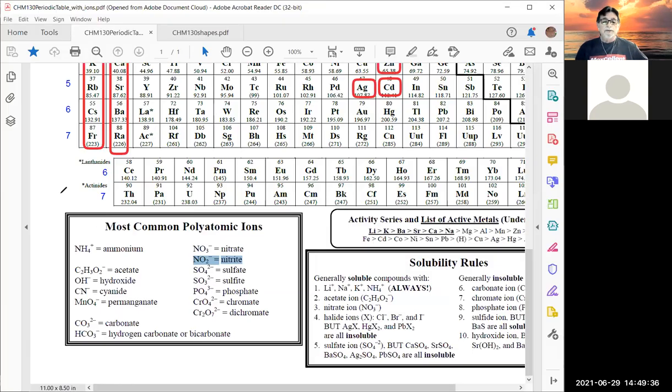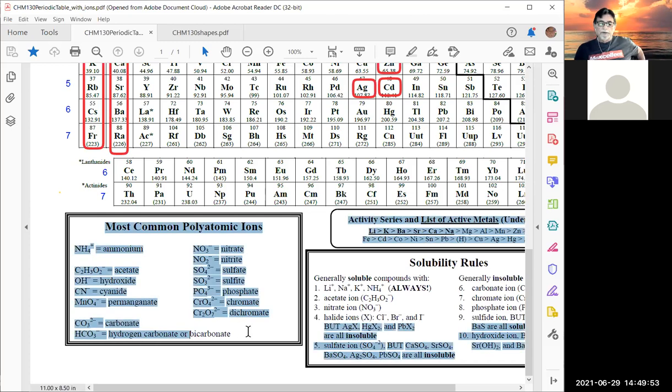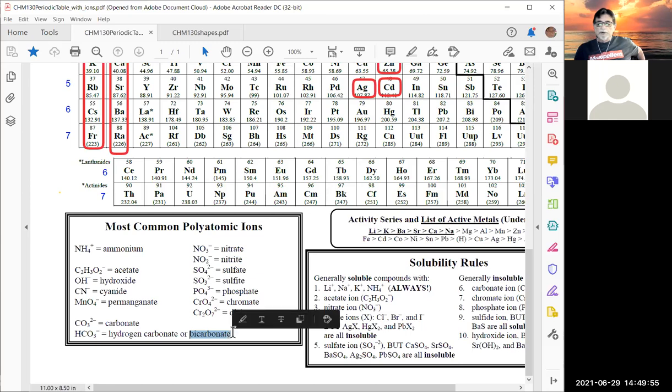Right here on the far left of the table. Here's the carbonate we're just dealing with, called carbonate. Here's its name. And then hydrogen carbonate or bicarbonate. You're familiar with bicarbonate. You may put that in your chocolate chip cookies. And so forth.